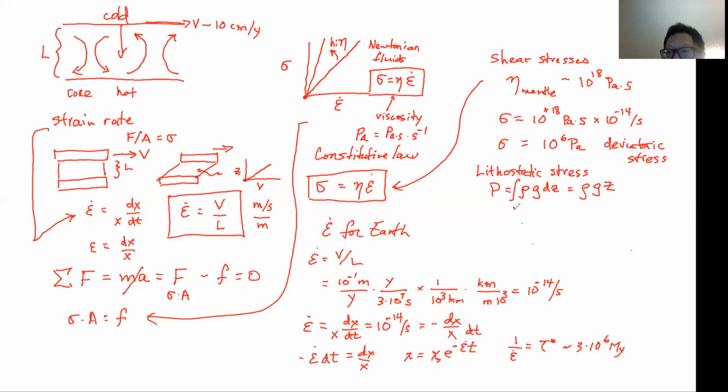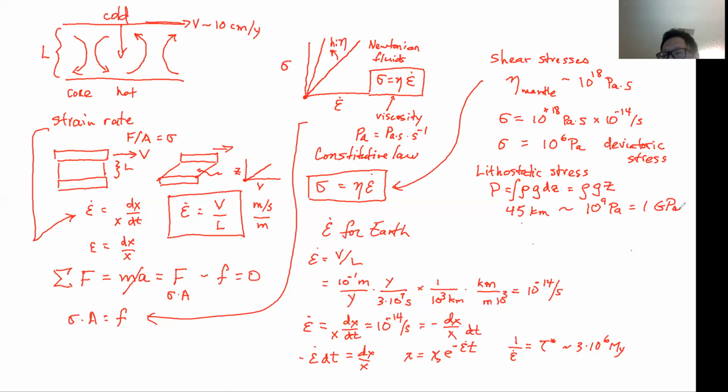I'll let you do the calculation yourself for a density of 3,000 kilograms per cubic meter, 10 meters per second squared. If you get down to, say, 45 kilometers depth, we're talking about 10 to the 9 pascals, which is a gigapascal, 1 gigapascal.